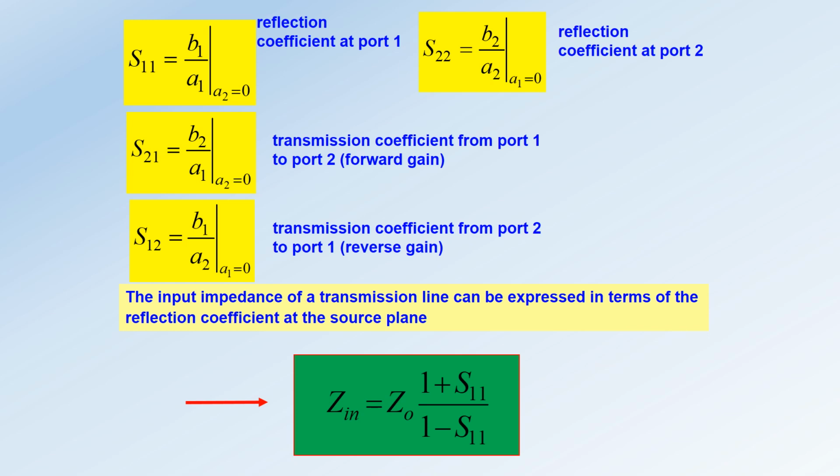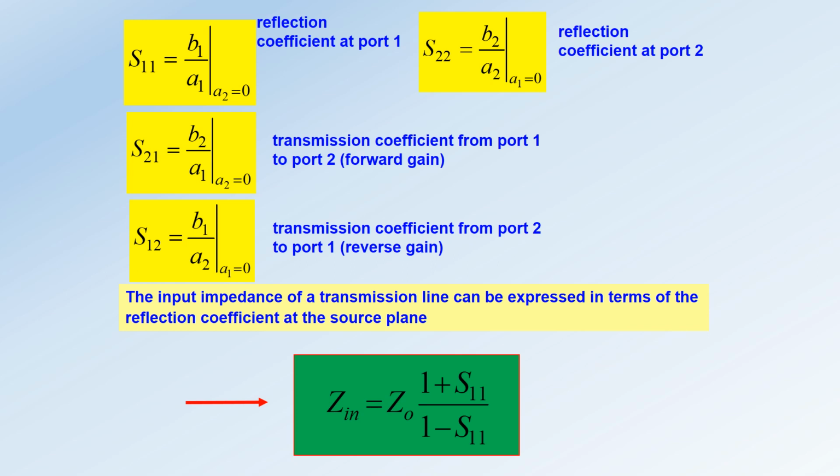The transmission coefficient from port 1 to port 2, forward gain, S21, is given by the ratio between B2 and A1. And on the contrary, S12, the transmission coefficient from port 2 to port 1, reverse gain, is given by the relation between the outgoing signal B1 and incoming signal A2.